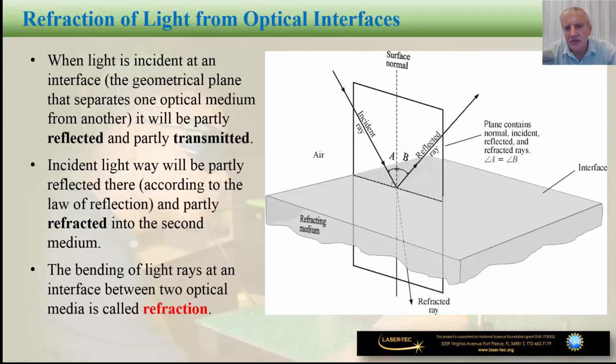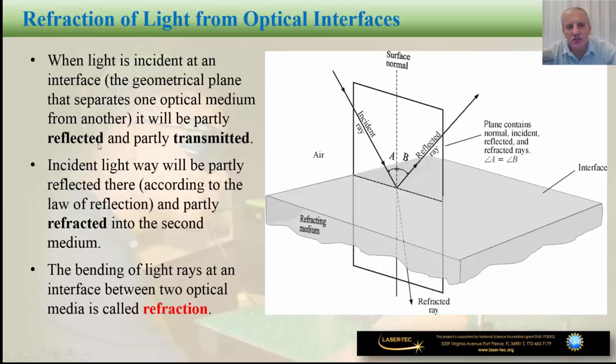And you can see that a certain amount of light is going to enter the second medium in the form of a refracted light ray. So we would want to analyze the direction at which this refracted light ray propagates into the second medium. So once more, when the light is incident at an interface between the two media, it's going to be partially reflected and partially transmitted.